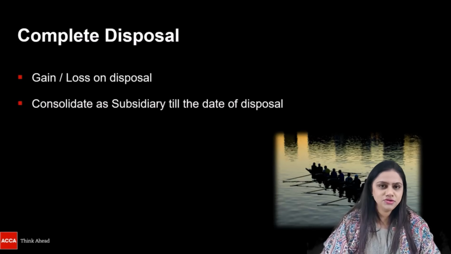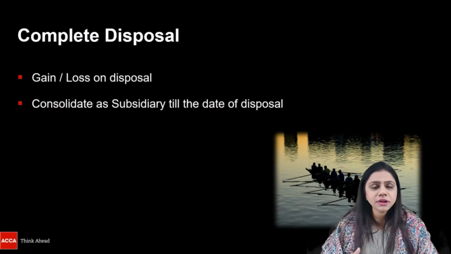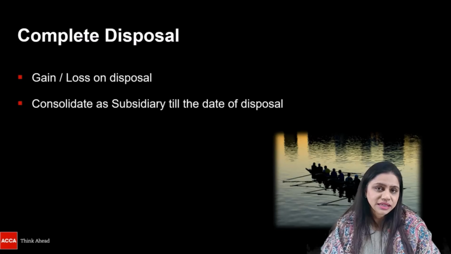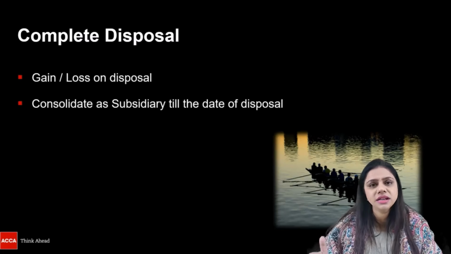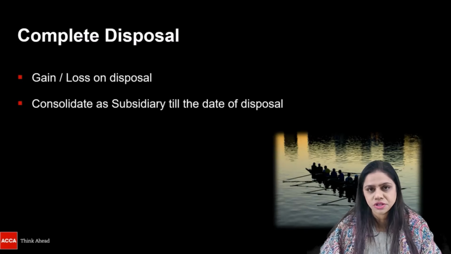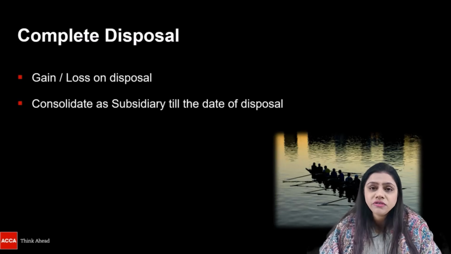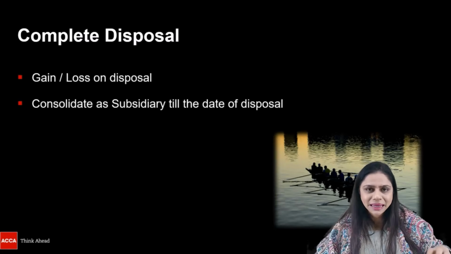Now, this is the interesting part. When we talk about the statement of profit or loss, see, the statement of financial position is made as at the reporting date. So if a subsidiary is not your subsidiary then, you do not need to make a consolidated statement of financial position. However, the statement of profit or loss is made for the year, for the period.